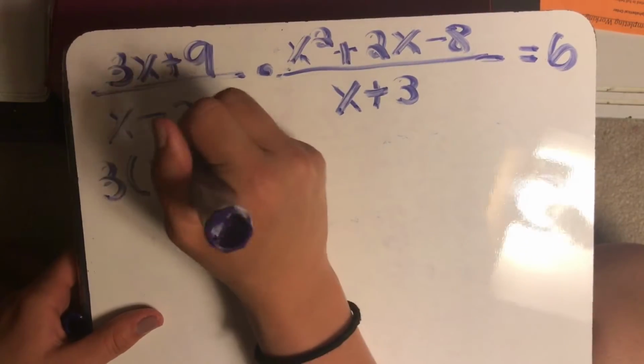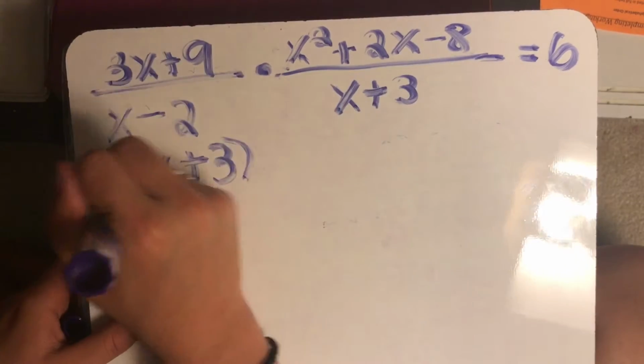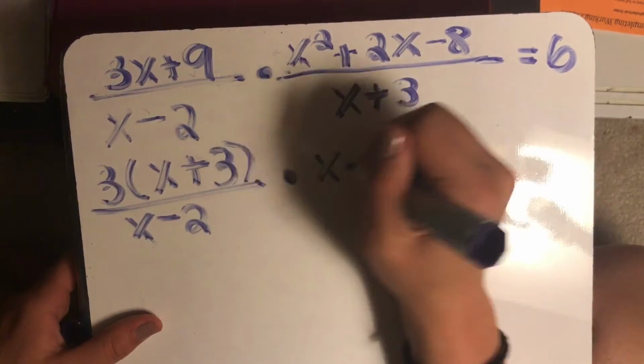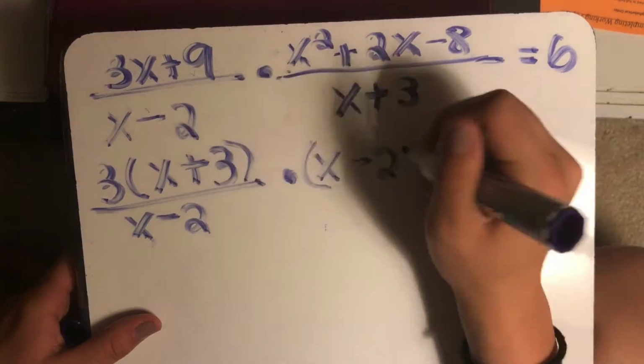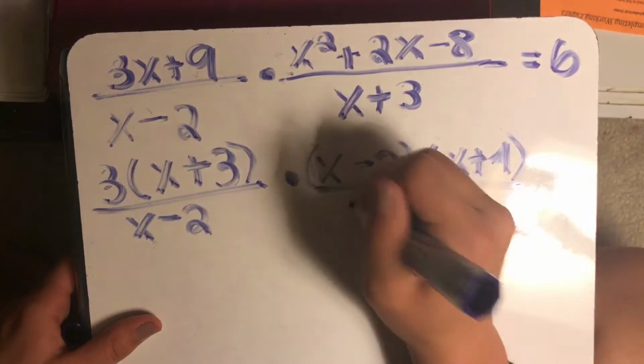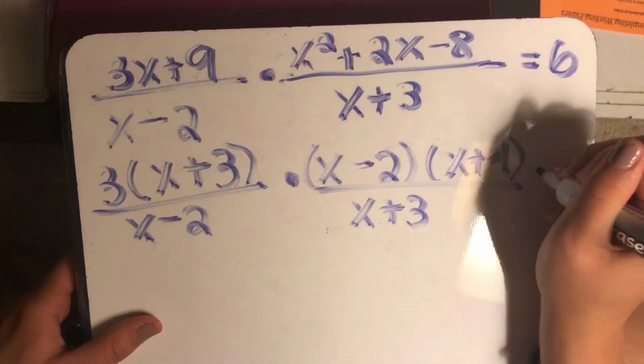For the next problem, we're going to factor the top so that it becomes 3 times x plus 3 over x minus 2 times x plus 4 times x minus 2 over x plus 3, which all equals 6.